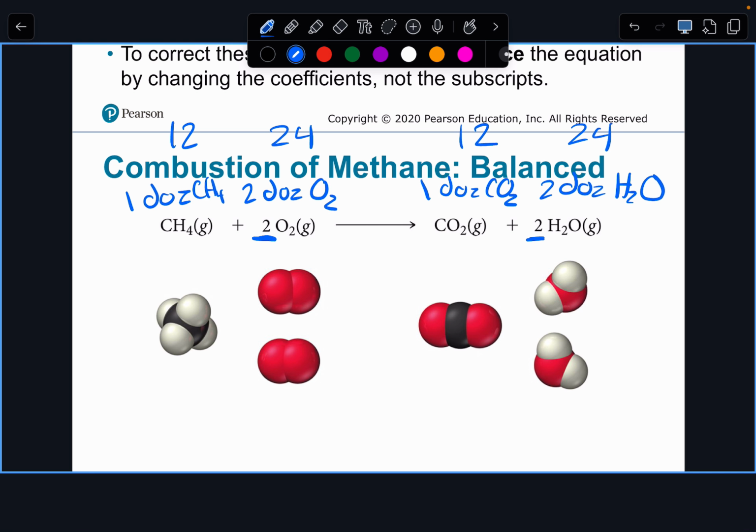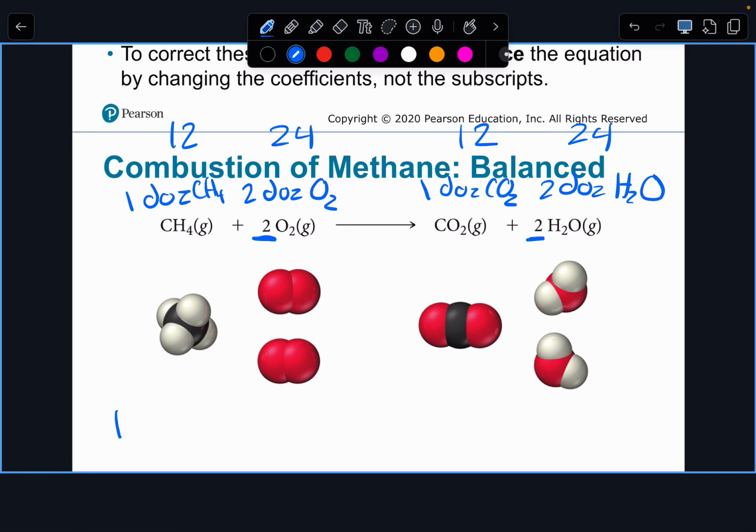So we're saying this could mean 1 CH4 reacts with 2 O2s, but we could still apply that ratio, and that would be the same ratio if we said 12 for every 24 O2s, right? So using a mole is the same thing.